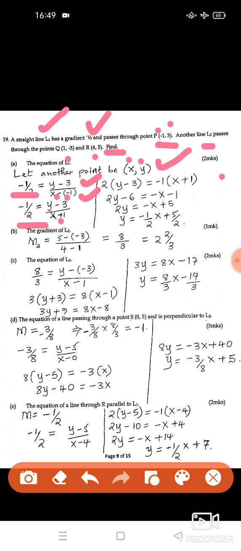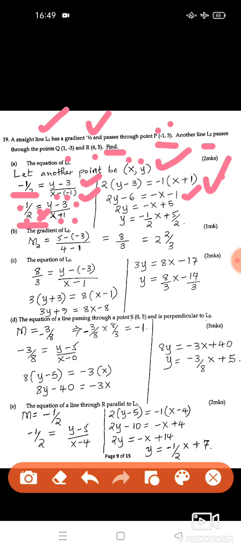Now we can cross multiply, whereby 2 will go with y minus 3, and negative 1 will go with x plus 1, as shown in this step. Therefore, when we open brackets, we'll have 2y minus 6, then negative x negative 1.